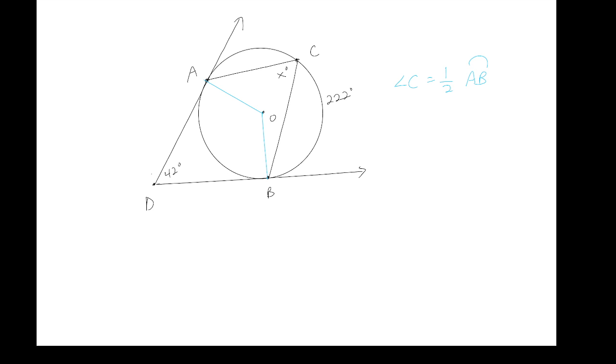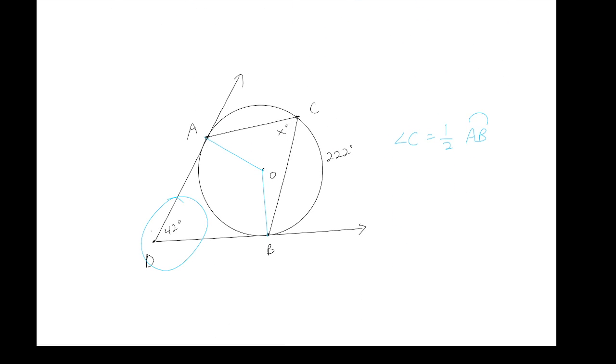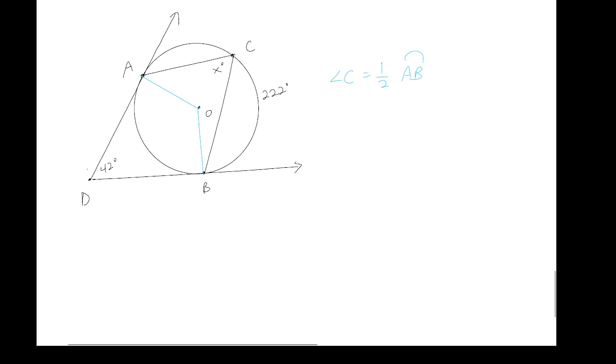AOP, well, remember what our relationship was in the previous problem, that this angle right here is going to be supplementary to that central angle. So the central angle is going to be 138 degrees because it's a supplement with this guy right here. If I know that angle is 138, then I know arc AB is 138. So angle C is going to be equal to 1/2 of 138, which means angle C is equal to 69 degrees.